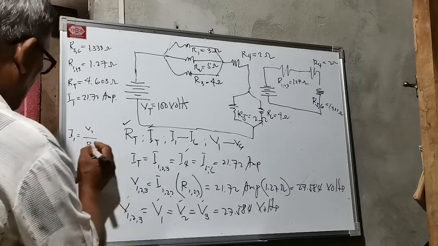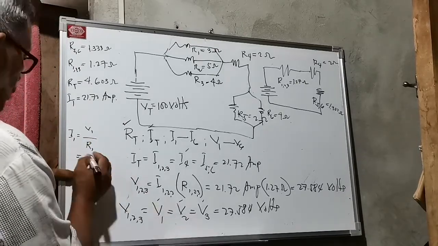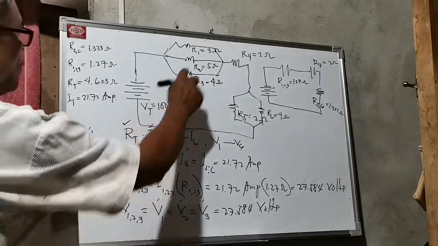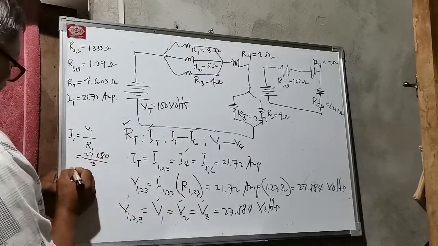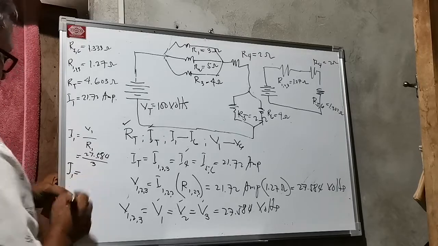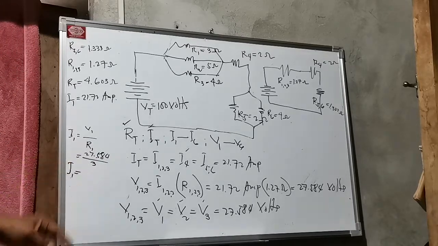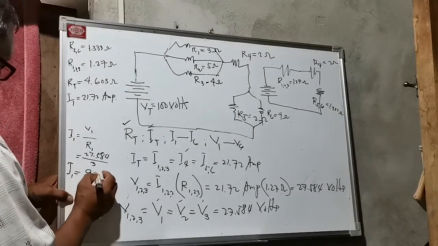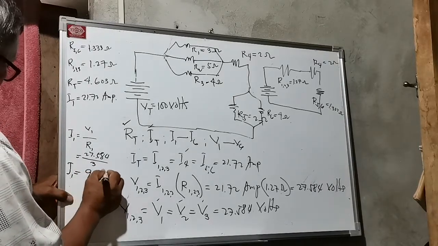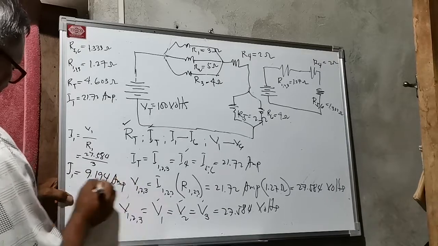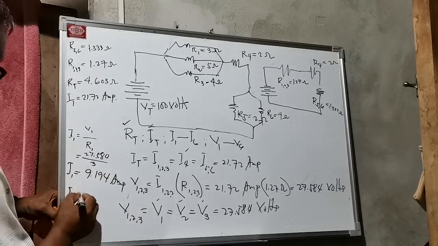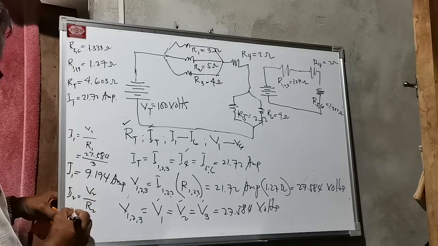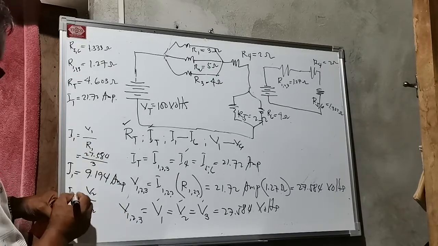Okay. V1 is equal to 27.584 divided by R1, which is 3. Okay, this is I1. 27.584 divided by 3 is 9.194 amperes. And I2 is equal to V2 over R2, following the principle of 2, 2, 2.